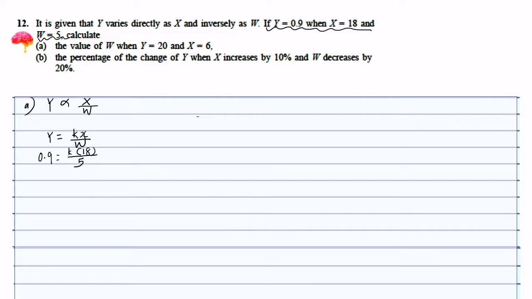And we find the value of K. K equals 0.9 times 5 divided by 18.